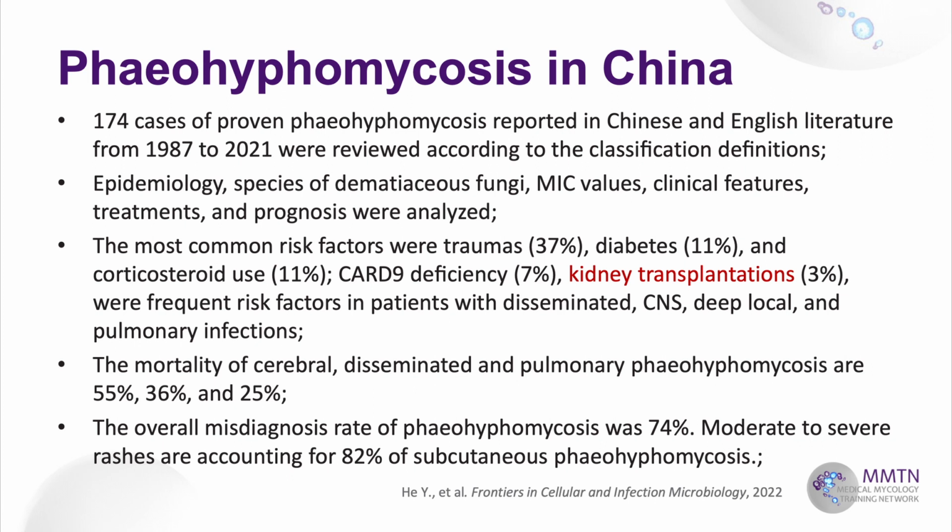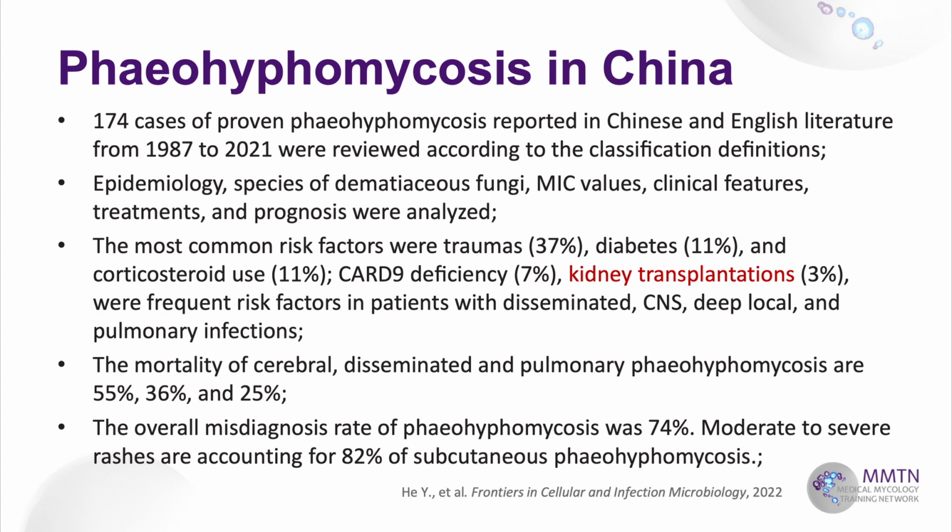The epidemiology, species of the fungi, MIC, clinical features, treatments, and prognosis were analyzed. From this review, we can see the most common risk factor was trauma, about 37%, and diabetes and corticosteroid use, each 11%.